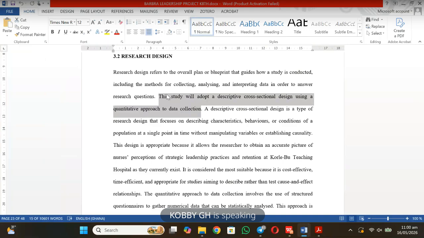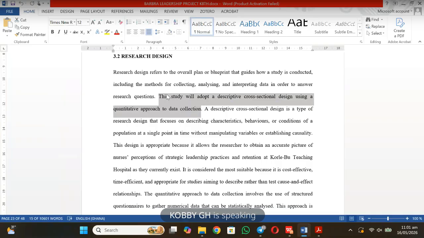How will you construct the sentence? This study will adopt exploratory research design using qualitative approach to data collection. Good. That's how we construct it.